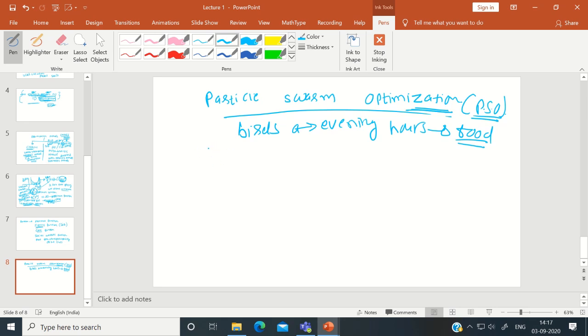Birds fly in a group, and typically you must have observed such a V shape pattern, right? These are the group of birds, and this group of birds is known as the swarm. So all these birds fly in a group to find out the food source, right?